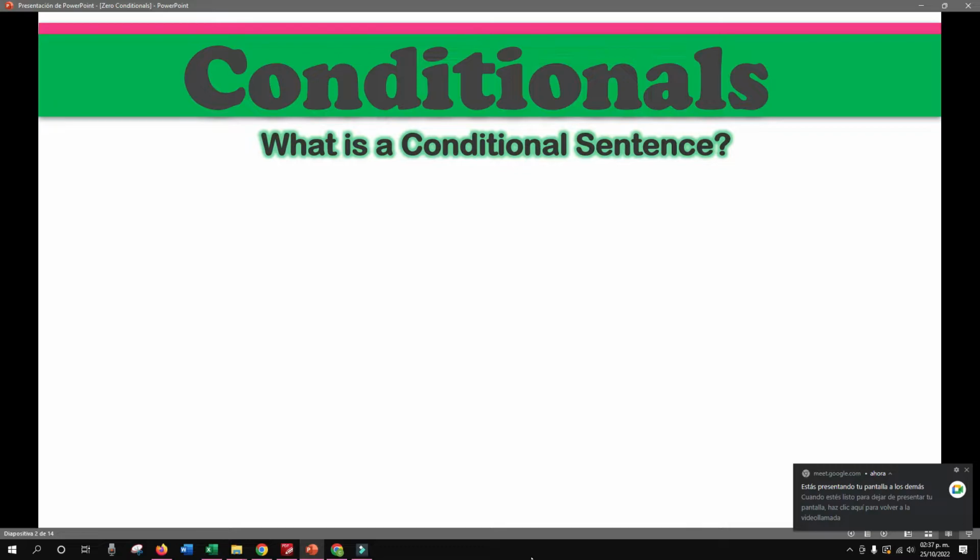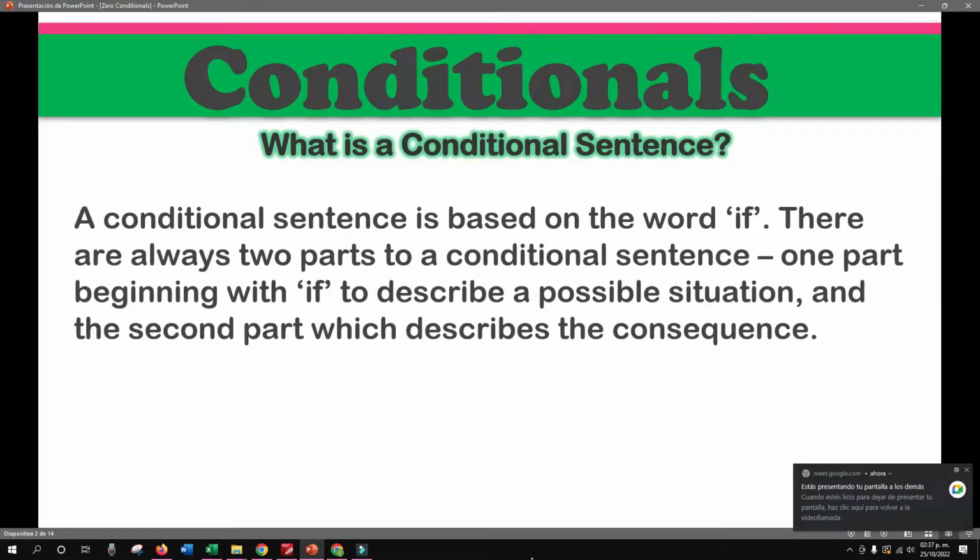First, we're going to study what is a conditional. So, what is the conditional sentence? A conditional sentence is based on the word if. There are always 2 parts to a conditional sentence. One part beginning with if to describe a possible situation, and the second part which describes the consequences.